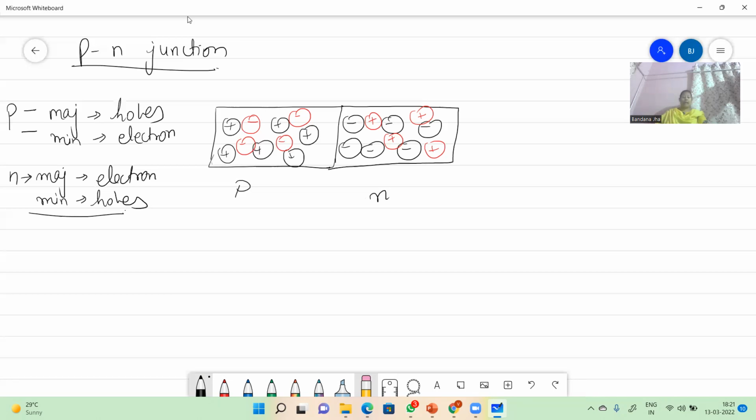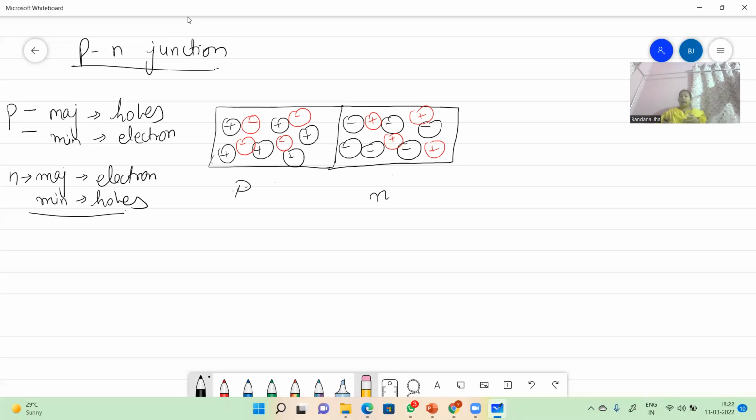Now, when the P and N junction combines with each other, the holes want to attract towards the electrons, and the majority charge carriers of N, that is my electrons, want to attract towards the holes, because opposite charges attract each other.